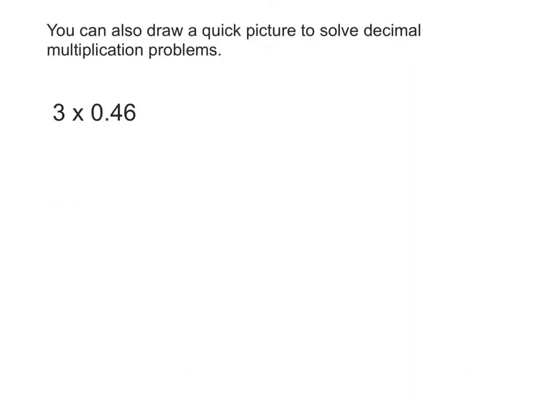Okay. Here it says 3 times 46 hundredths. How can I put this number sentence now into a word sentence? What am I trying to find when I do 3 times 0.46? Groups of what? Yarden? 3 groups of 46.